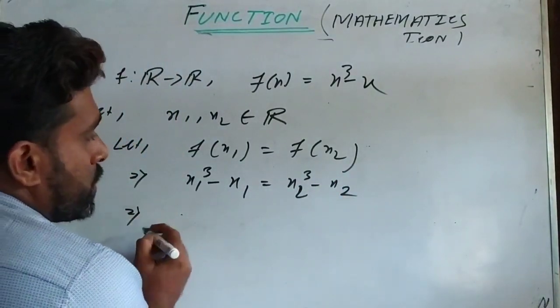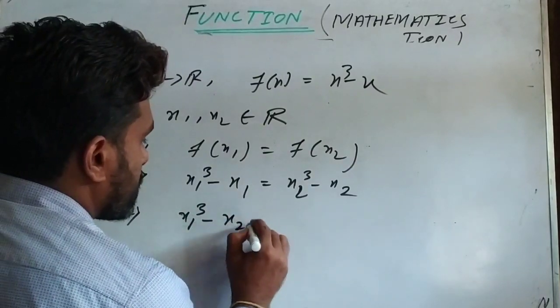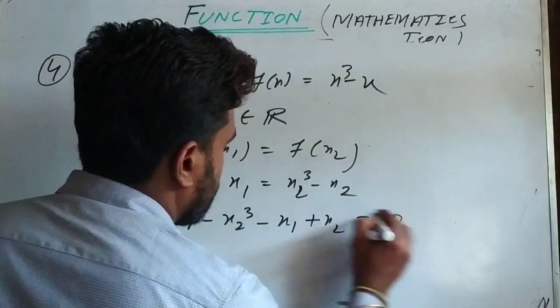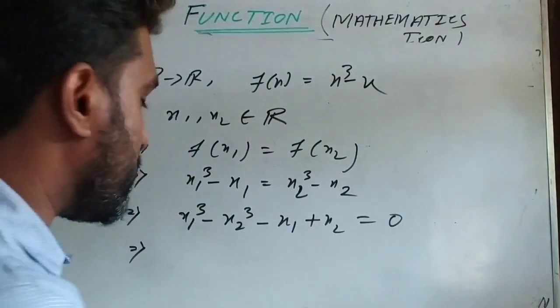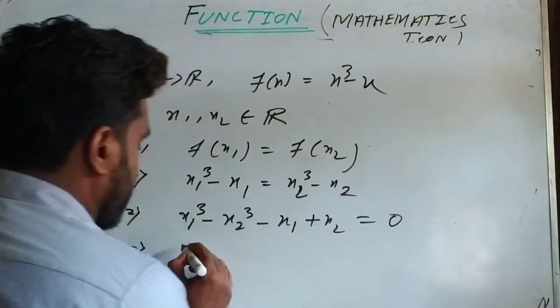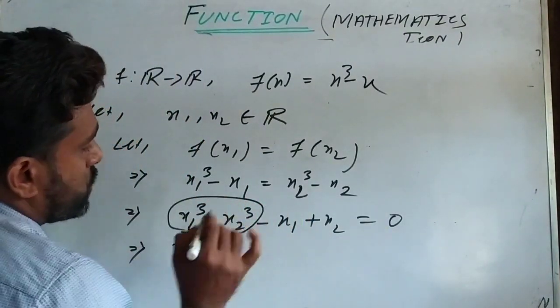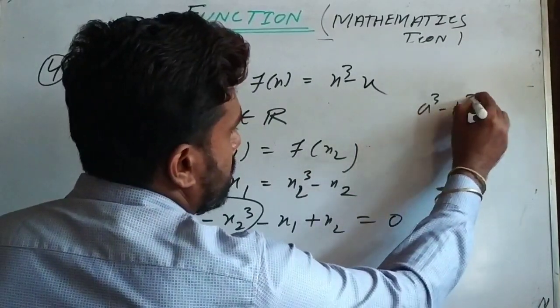So x1 cube minus x2 cube minus x1 plus x2, and I have taken all the elements to the left hand side. So here x1 cube minus x2 cube, a cube minus b cube formula.